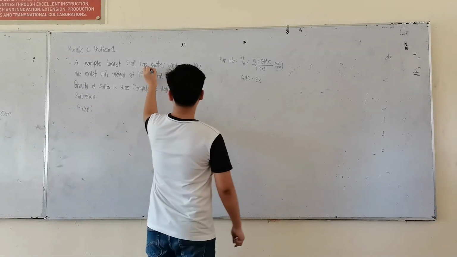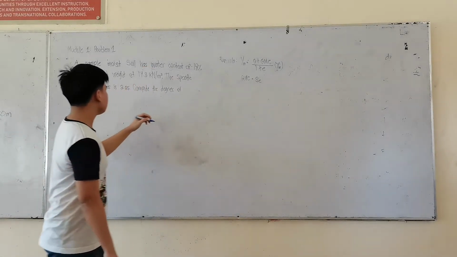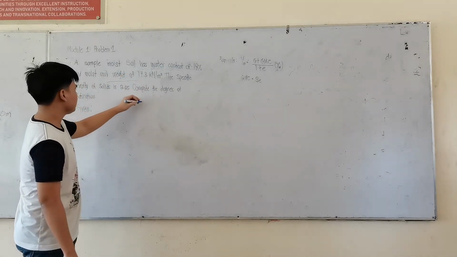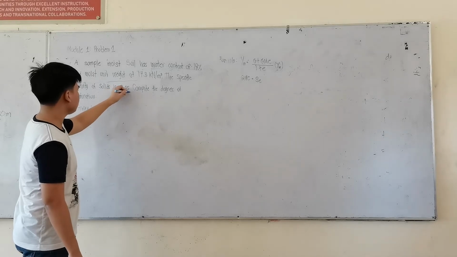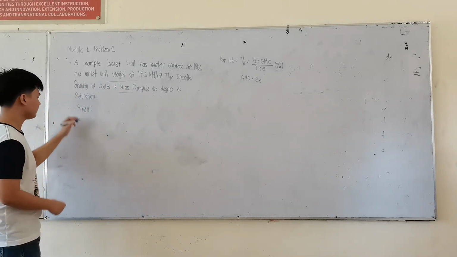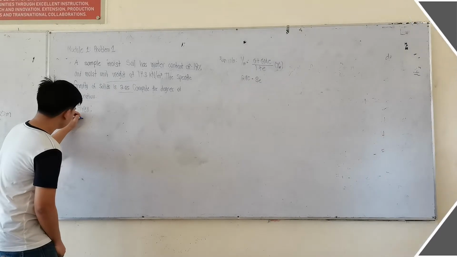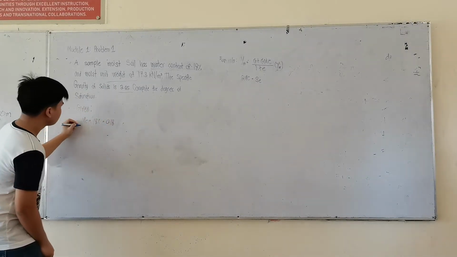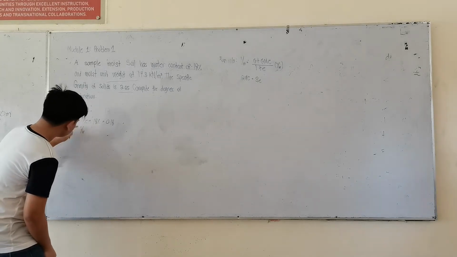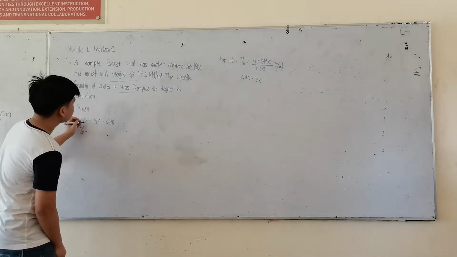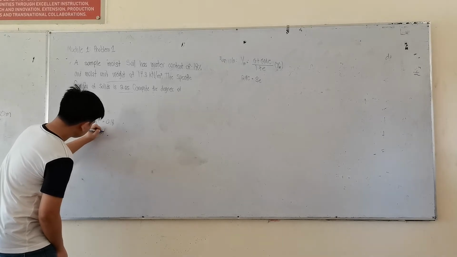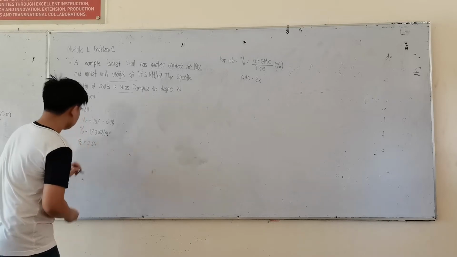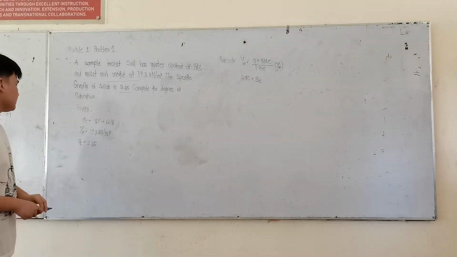First is the water content, which is 18%, the unit weight, which is 17.3 kilonewton per meter cube, and the specific gravity of 2.65.